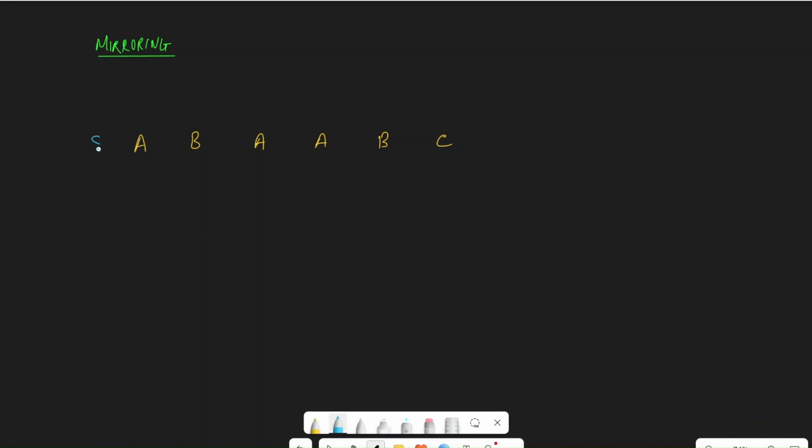So I'm going to add $ signs over here, and now this becomes our new string. Now let me just add indexes. This is index 0, index 1, 2, 3, 4, 5, 6, 7, 8, 9, 10, 11, and 12. So these are all our indexes.